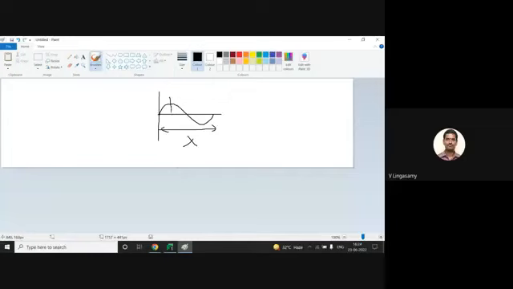So this is quarter wave, lambda by 4, and this is lambda by 2. This is 3 lambda by 2. Sorry, I think 0.75 lambda.